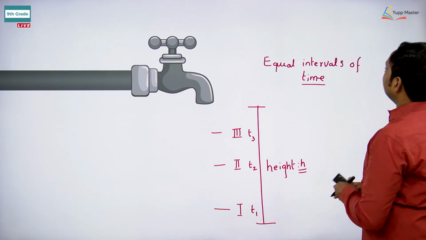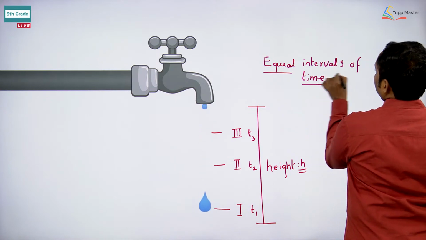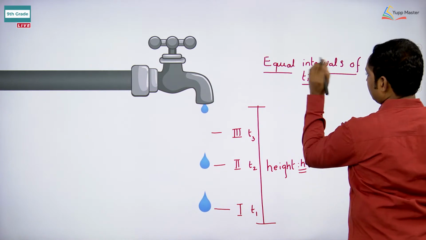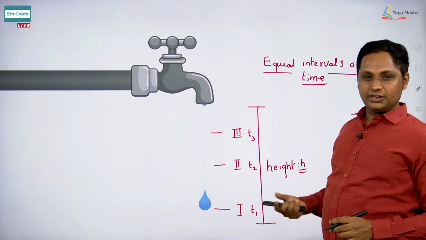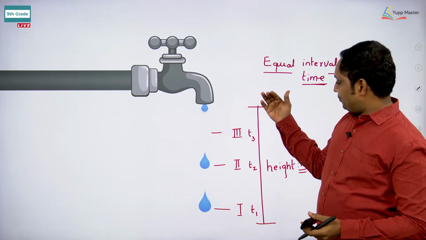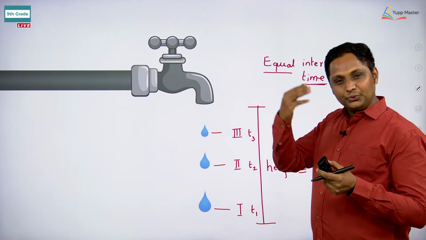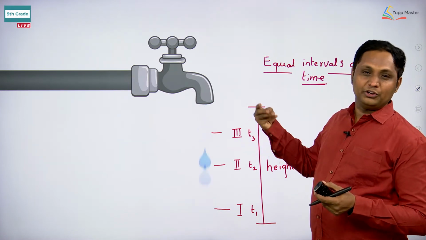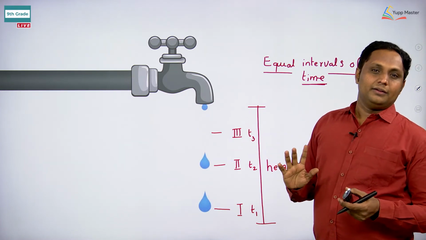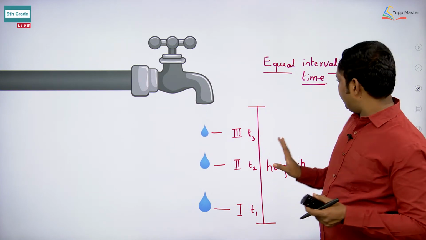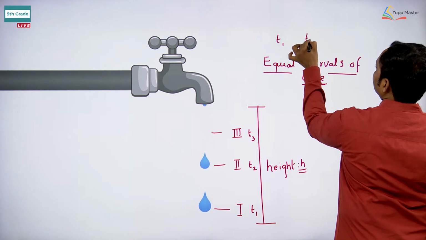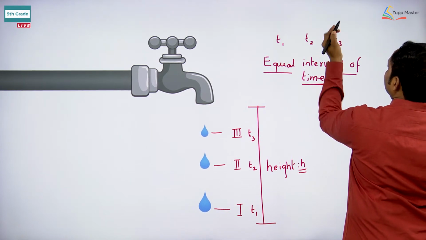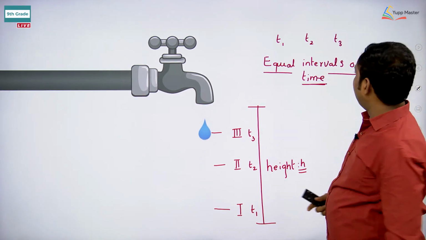If you know that there is a relation, there is one consideration: equal intervals of time. The time taken to release one drop is going to be equal intervals. All right. Now, if you are going to take that T1, T2, T3, it's very clear, just we have to take that.